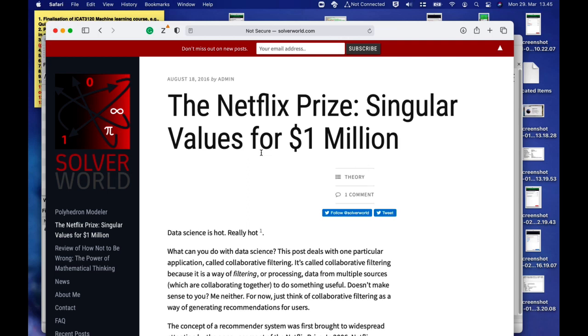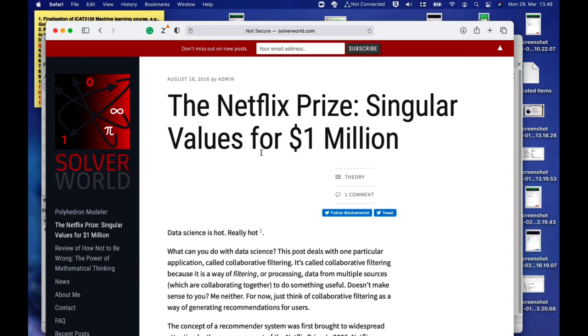It was a real challenge to find an algorithm which can improve the accuracy of predicting the customer rating for certain movies. And singular value decomposition was able to improve the prediction by about 10%, which was a very big improvement at that time.